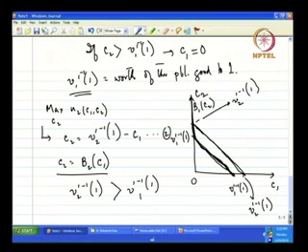I am thickening it, and this part of the horizontal axis also, because if C1 exceeds this value, then C2 can take the minimum value of 0. So, we are getting this horizontal portion, and then this downward sloping part. So, this is my B2 of C1.